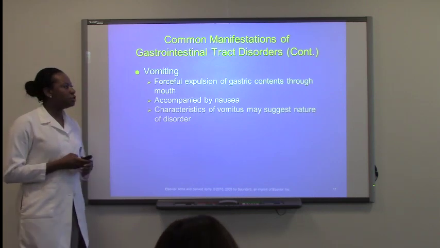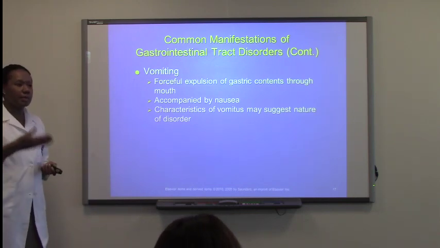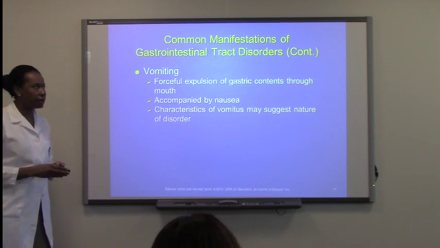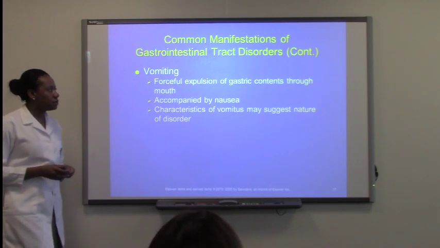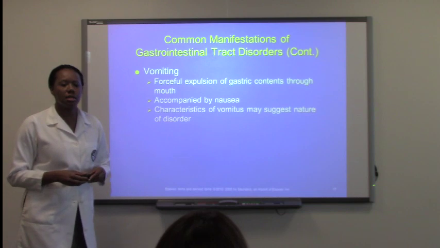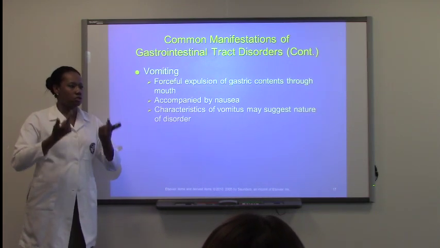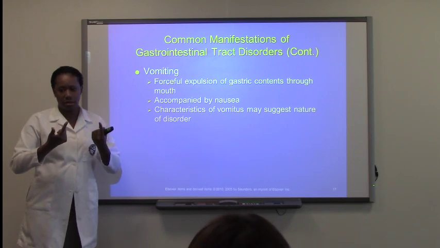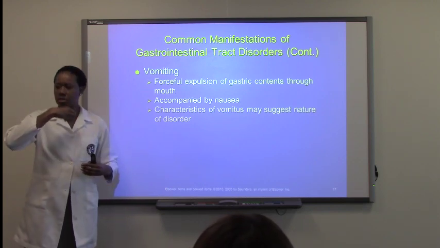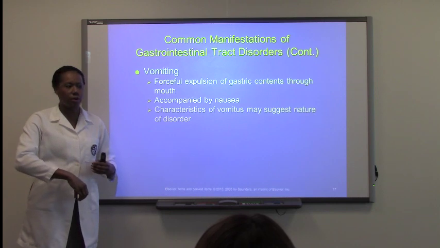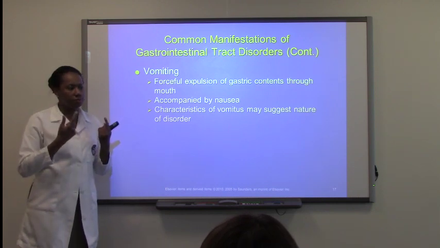But usually the nausea will precede vomiting if that person is vomiting. So this is a forceful expulsion of gastric contents. Please understand that vomiting is actually what we call reverse peristalsis. You know peristalsis is food moving forward, whereas this is the reverse.